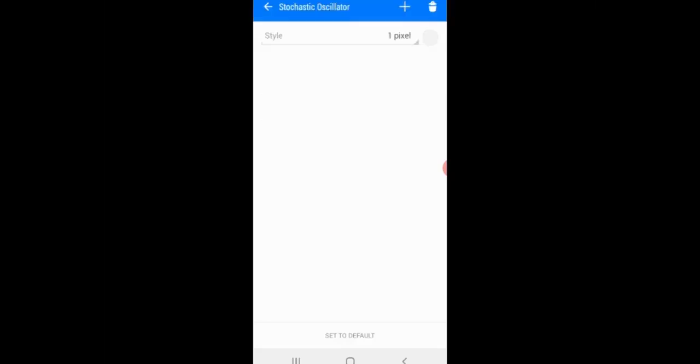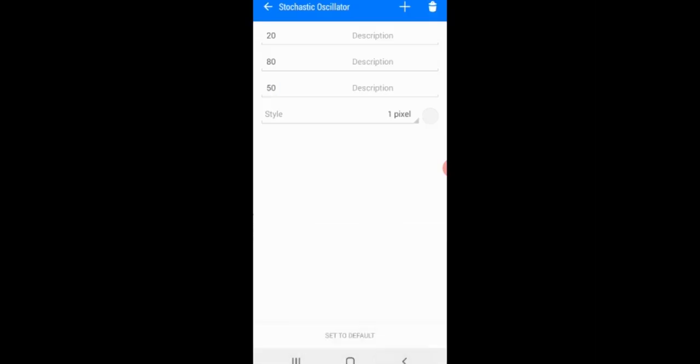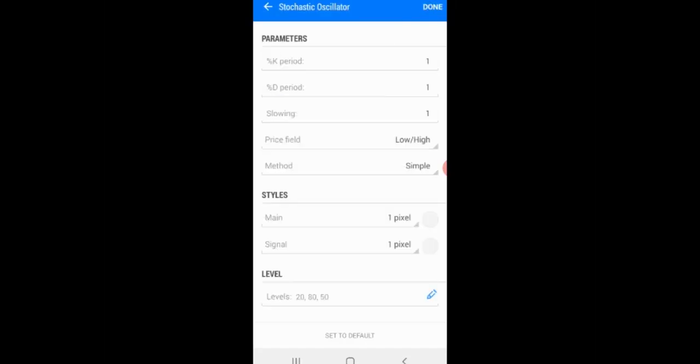To set a level, you just click this add button. Whatever number you want to set, the first one is 20, the second one is 80, and the third one is 50. That's what I just did. Then you go back. So you see it's done.